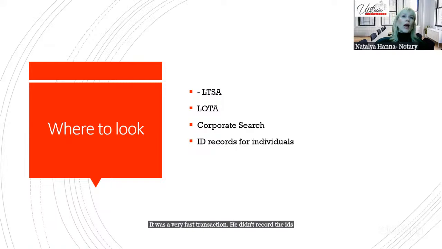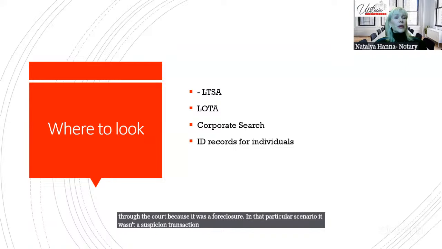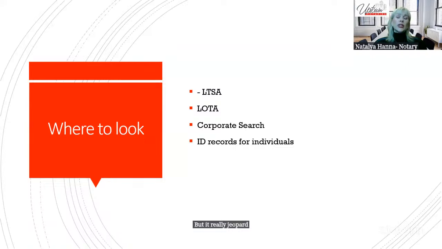The name went wrong. It was a whole thing about the name. We had to correct the name through the court because it was a foreclosure. In that particular scenario, it wasn't a suspicious transaction, but it really jeopardized the whole deal just because the IDs were not taken at all, right?